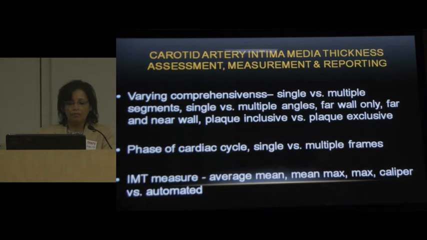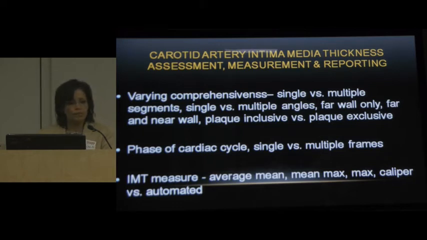We've also got variation in the phase of the cardiac cycle, end diastole or end systole, during which IMT is measured, and that alone can have an effect on IMT, and whether or not one uses single or multiple frames. And then we have a problem with the way the IMT result is expressed. It's not like an Agatston score where you get a number from 1 to 400 or 1000 like you do for coronary calcium.